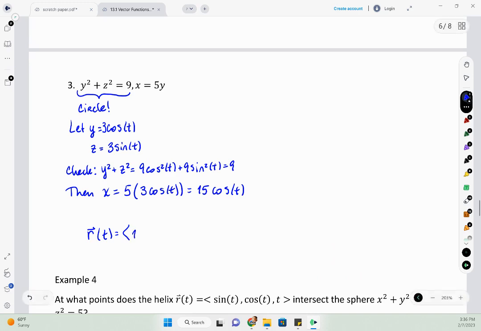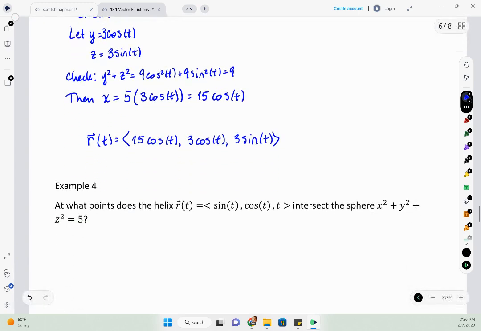My x component is 15 cosine of t. My y component is 3 cosine of t. And my z component is 3 sine of t. And that's it. We're done. Okay. So those are just a few examples of how to handle a situation where you've got two surfaces intersecting each other and you want to come up with the curve of intersection.